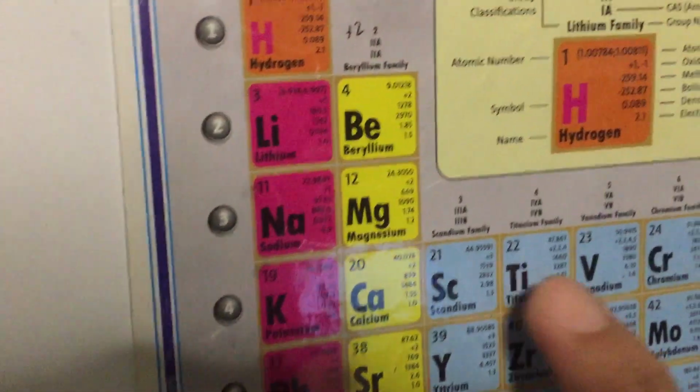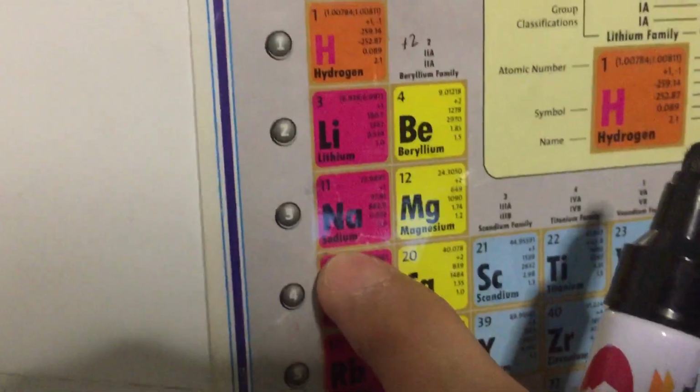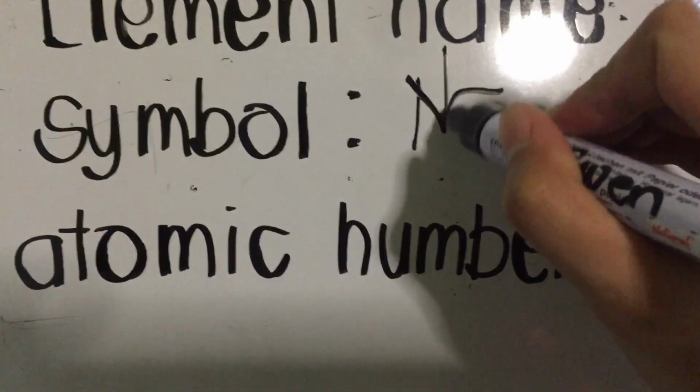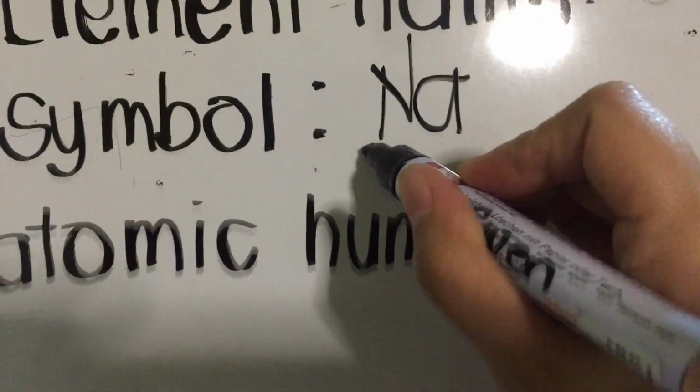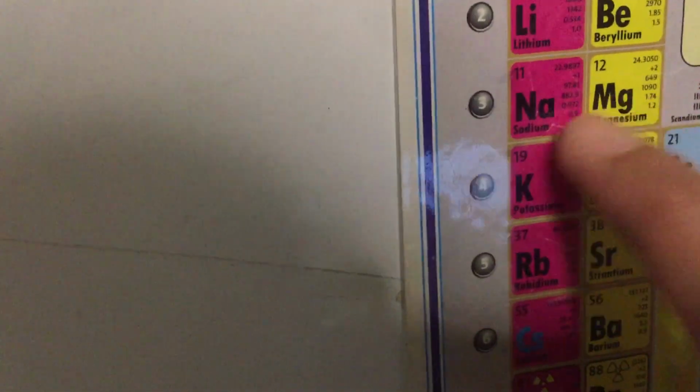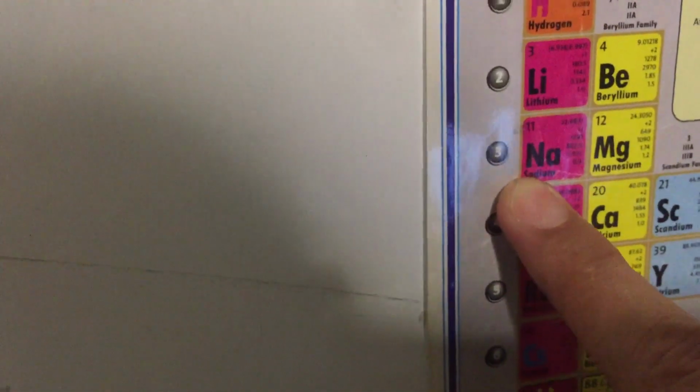Ano namang symbol ni sodium sa periodic table? Ito yung mga symbol, name yung nasa baba. Okay, so ang symbol niya ay Na. Okay, take note capital letter, small letter. Huwag nating babaguhin yung nakalagay sa periodic table. Okay, so yung isa ay capital, yung isa small letter.